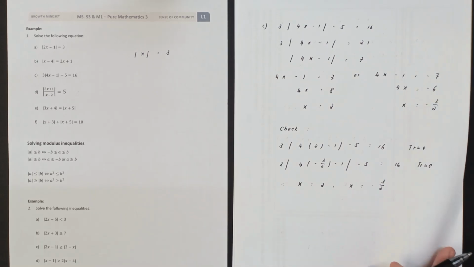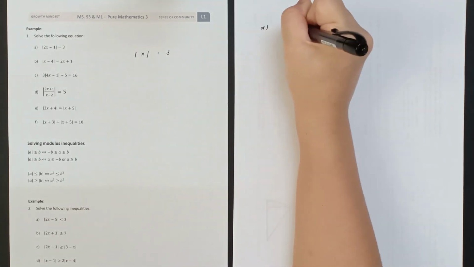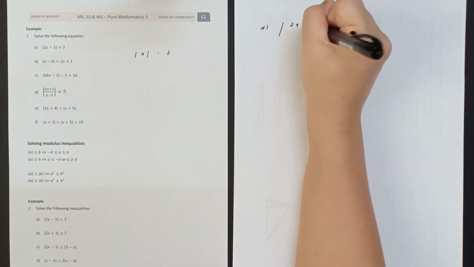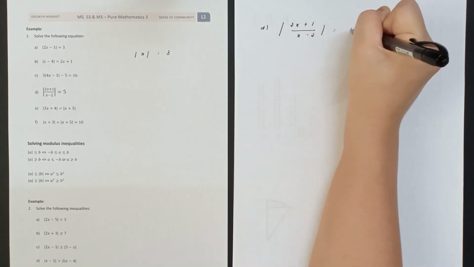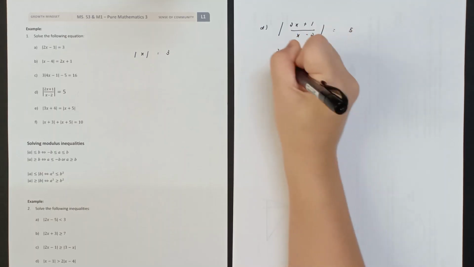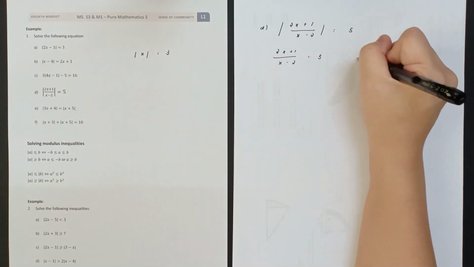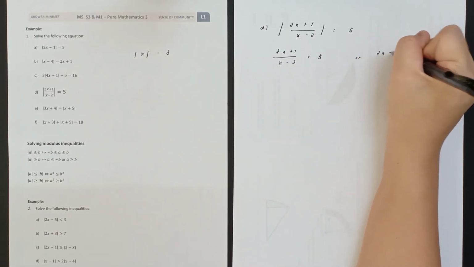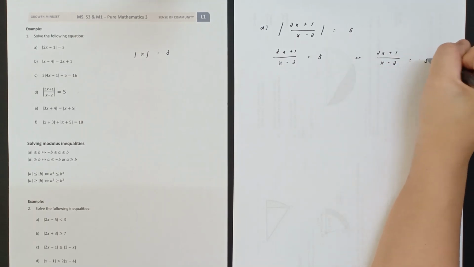Alright, so let's go to D. For D, modulus 2x plus 1 divided by x minus 2 will be equal to 5. This is the same thing, so what we need to do is solve the modulus first. So either 2x plus 1 divided by x minus 2 will get a +5, or 2x plus 1 divided by x minus 2 will get a -5.